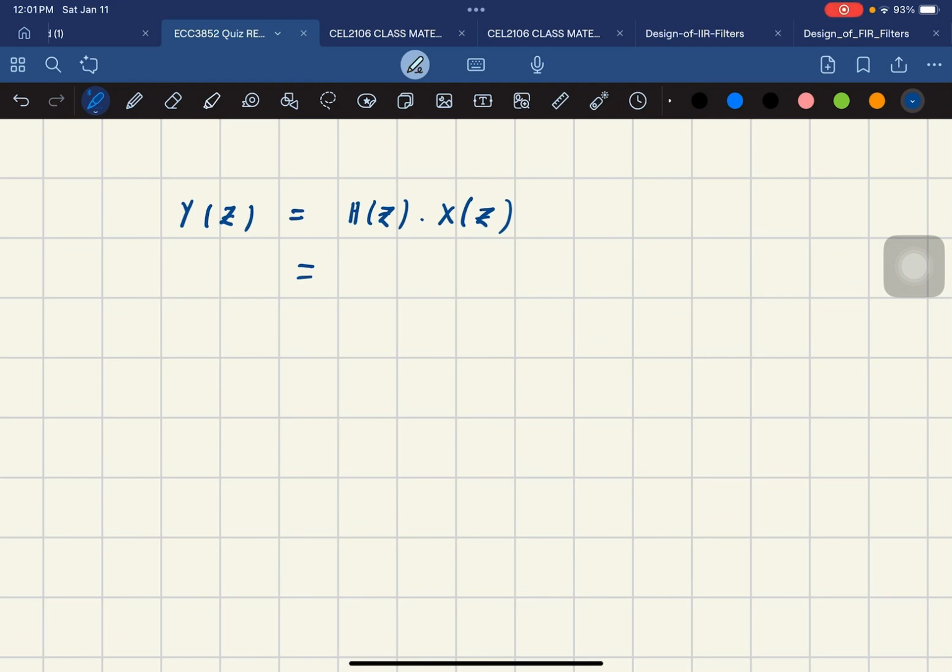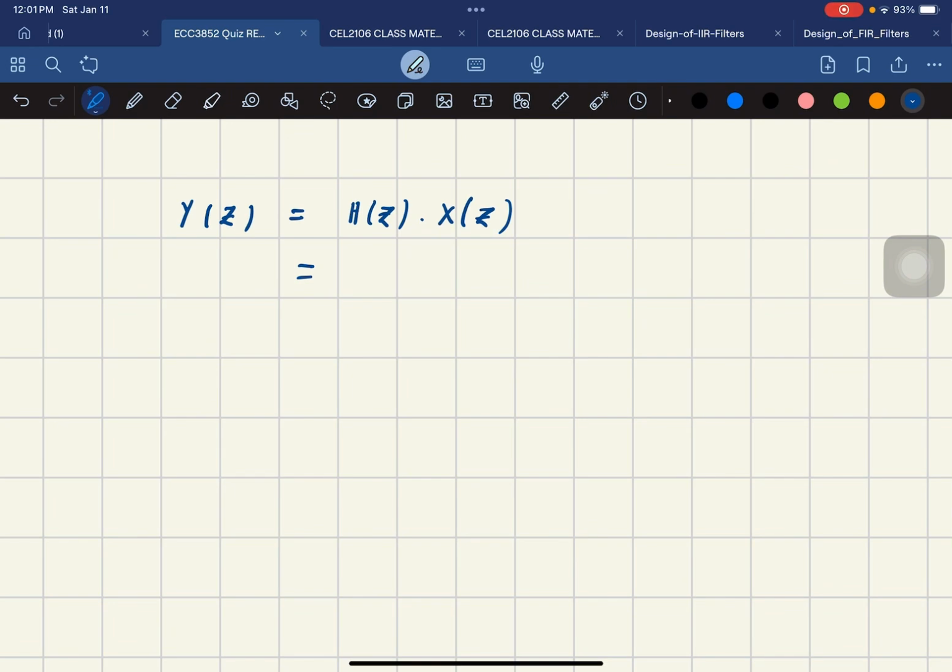What we got on the previous page, we got the H(z) and also X(z). We will multiply them.